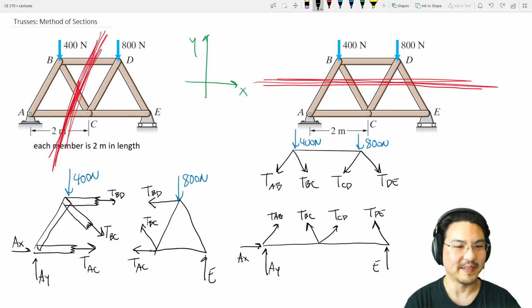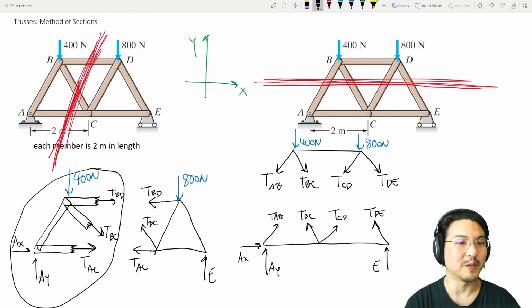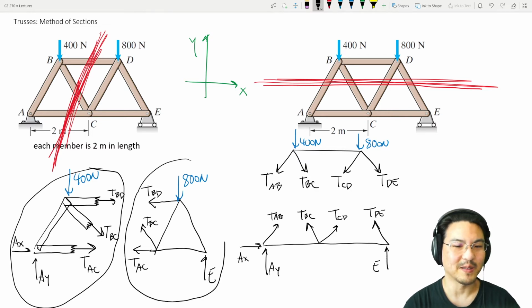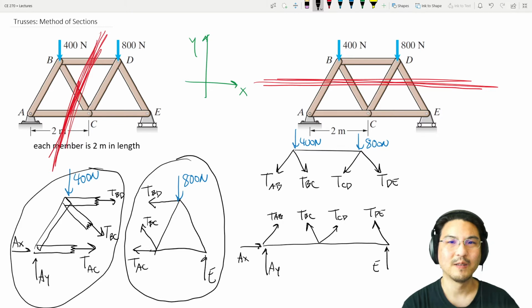But if you take a look at it, look at how I cut my sections. This one has 5 unknowns. The left section. The right section has 4 unknowns. So if I want to solve, the right section has less.